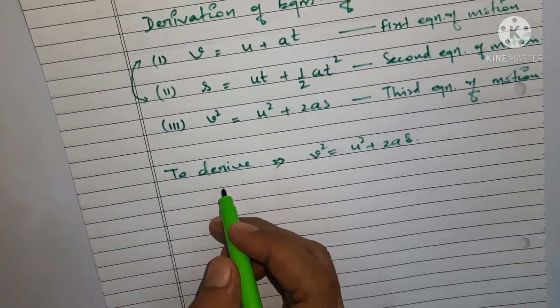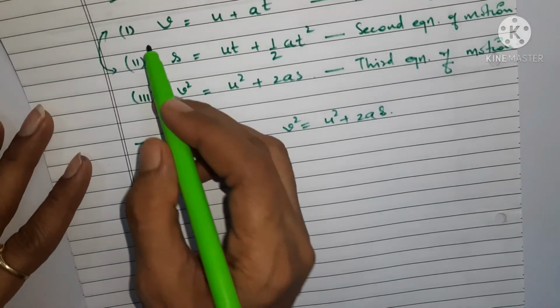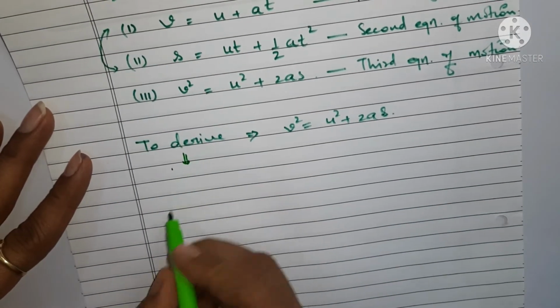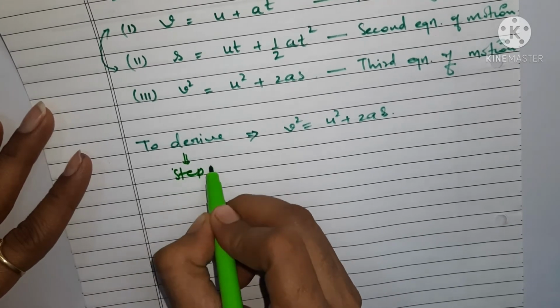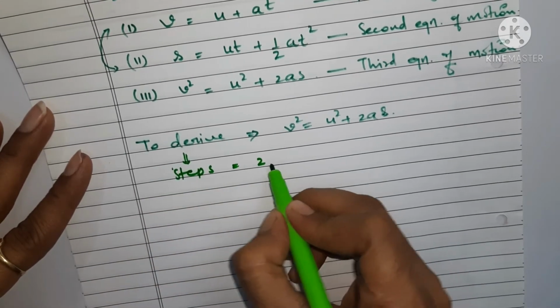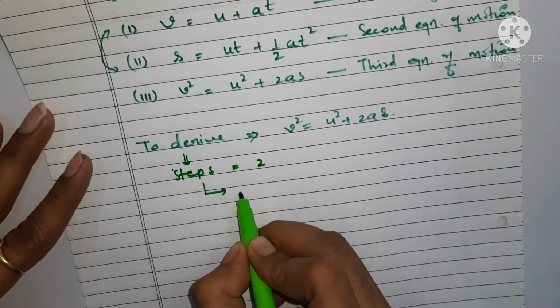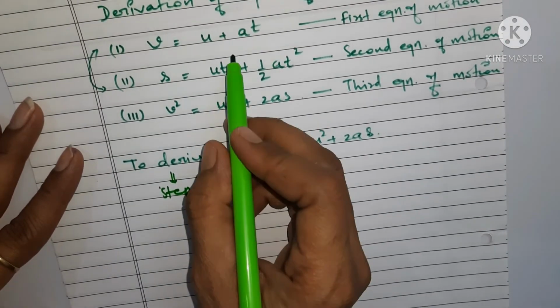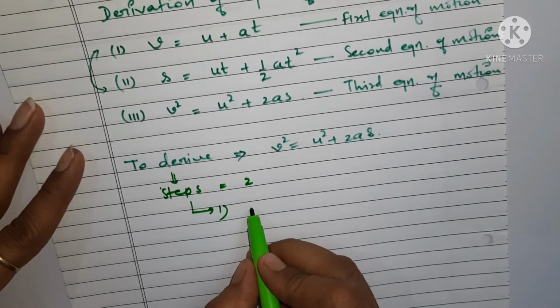As I told you, for this we are going to use two of the equations, so two steps. The first step, step number one, is that using the first equation of motion you will find the value of t.